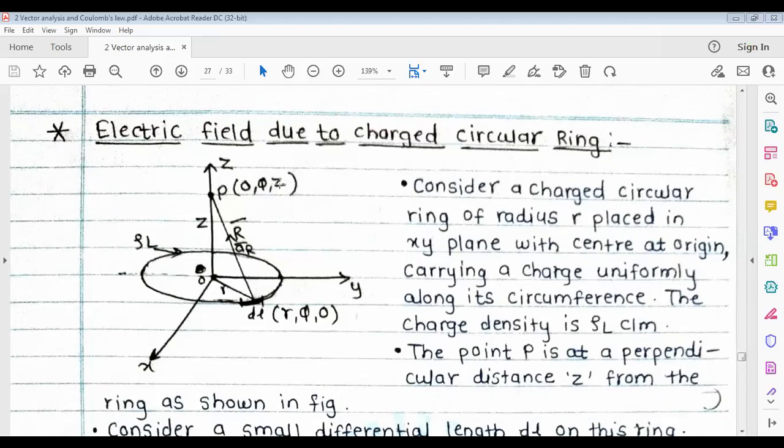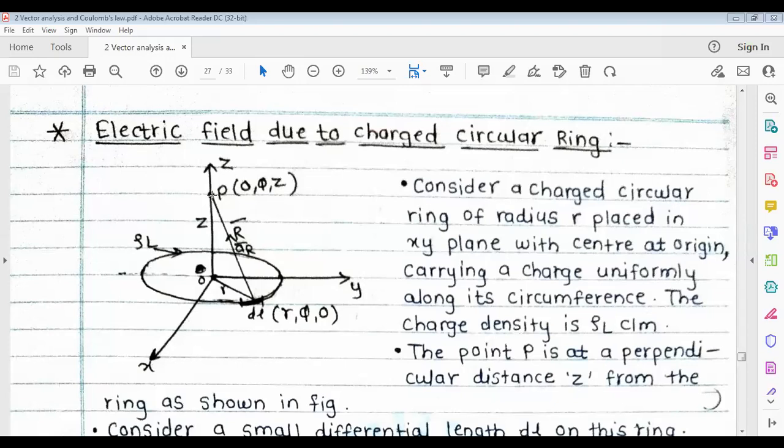Then z is the distance from origin to point P. So these are the coordinates of point P, and here rho L is the line charge density of the circular ring, because its total length is L.